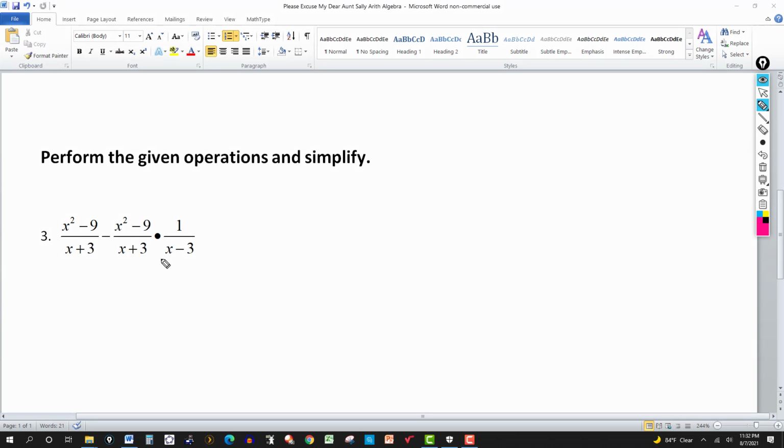We're going to do this part right here first, multiplication. Doing this multiplication first, we're going to factor the numerator here. x squared minus 9 is a difference of two squares, so that can be written as x minus 3 and x plus 3.